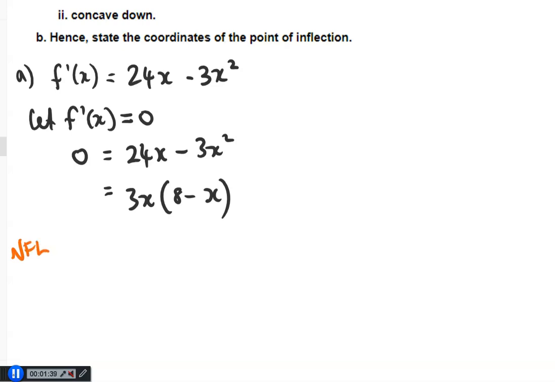Can't use the null factor law without factors, one of those idiosyncrasies of the word factor. So either 3x equals 0, so x equals 0, or 8 minus x equals 0, so x equals 8.